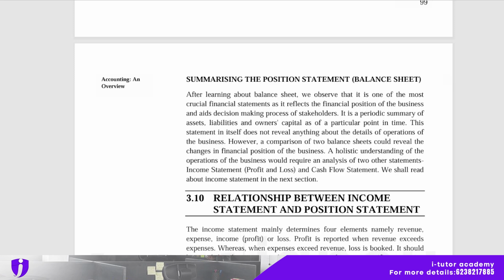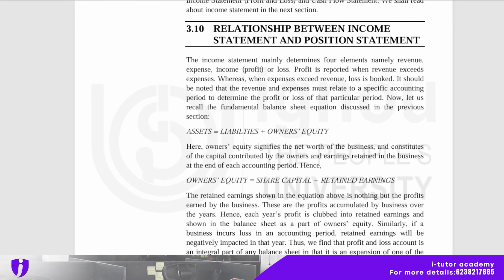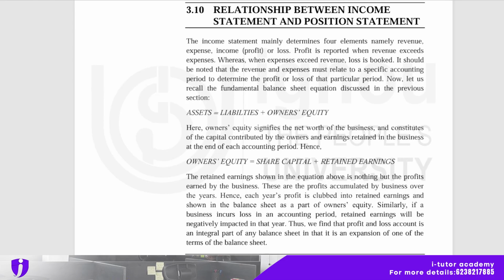A holistic understanding of the operation of the business would require an analysis of two other statements, that is the income statement, or profit and loss, and the cash flow statement. And next is the relationship between the income statement and the position statement. The income statement mainly determines three elements, namely revenue, expense, and income or loss.